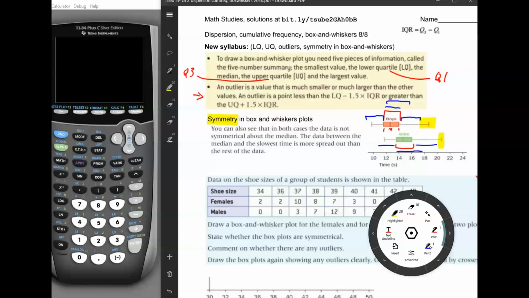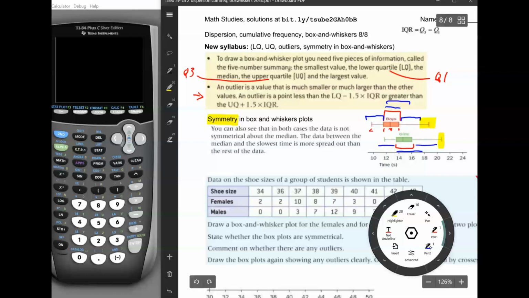Are they equidistant from the median? Is it about the same distance to the left and to the right? Usually it's hard to tell with the upper quartile and the lower quartile. They're so close to the median typically that, with such short distances, how can you judge visually if they're really not symmetric?